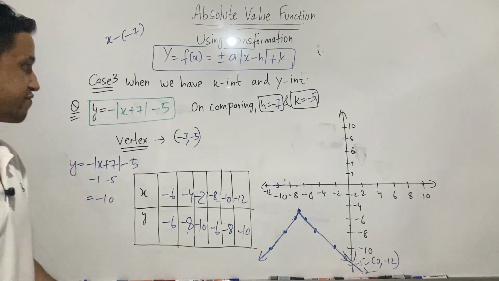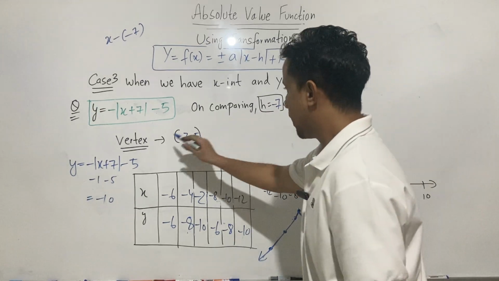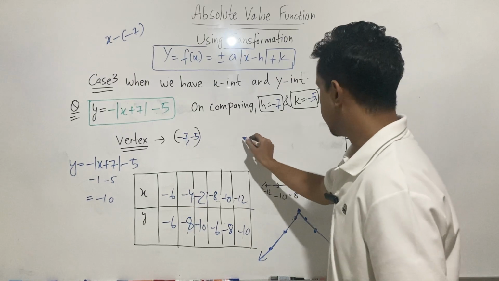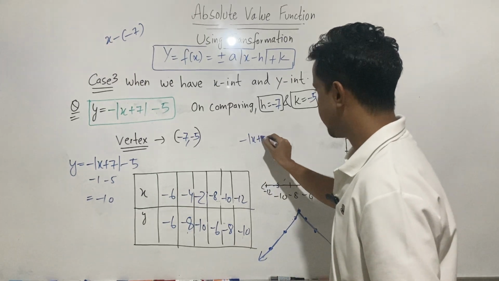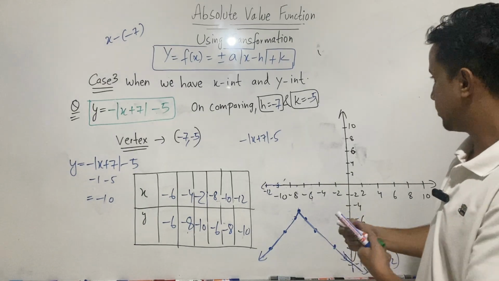Now we have to find the equation of these two lines. My function was negative absolute value of x plus 7 minus 5. Now see what would happen.